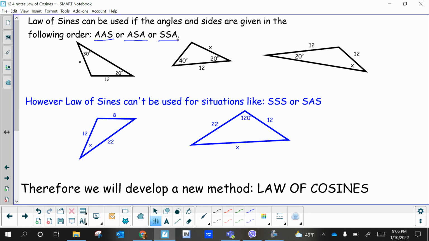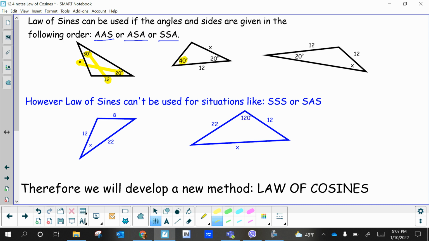Now, me personally, one thing that I notice whenever I'm using law of sines, you always have the opposite angle and side related. So this right here is opposite of that one. This one right here is opposite of that one. Same thing over here.